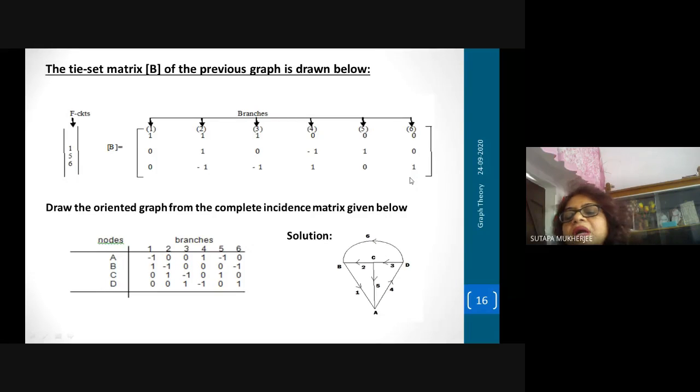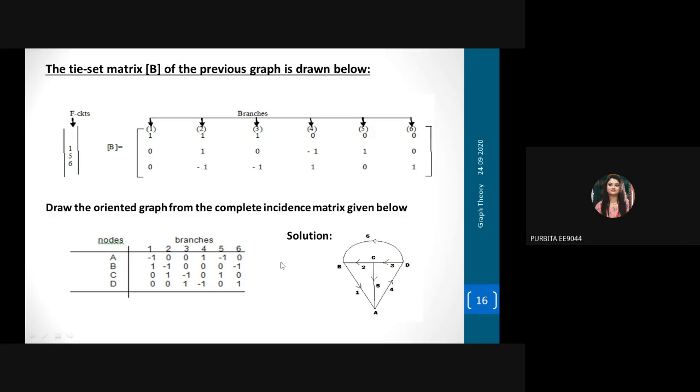Now on the basis of the direction of current and direction of the link, you will put here 1 or -1. So the complete tieset matrix is clear to all of you?